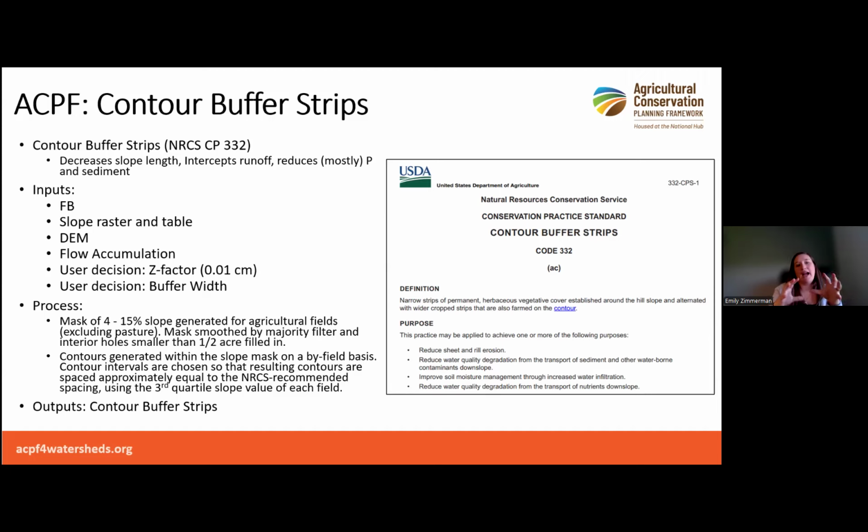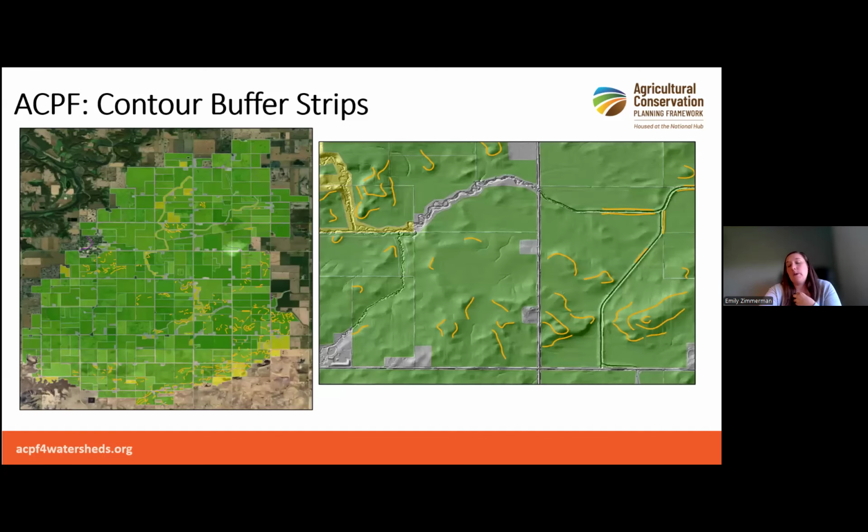So I just, again, want to highlight the inputs, the process builds on each other. It's really important that we get those inputs correct. And then the process and the data are going to mirror that included in the conservation practice standard. And so this is what the output looks like. What you can see on the left is a whole HUC 12 watershed. This is in Webster County in Iowa.